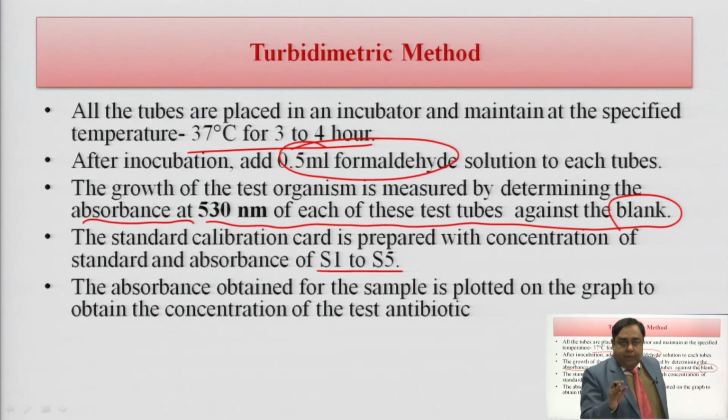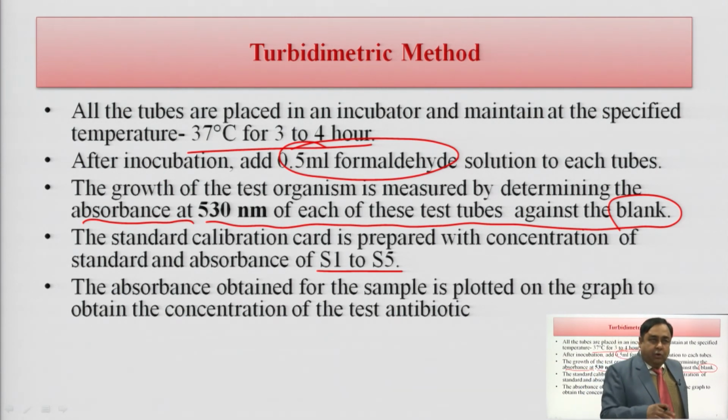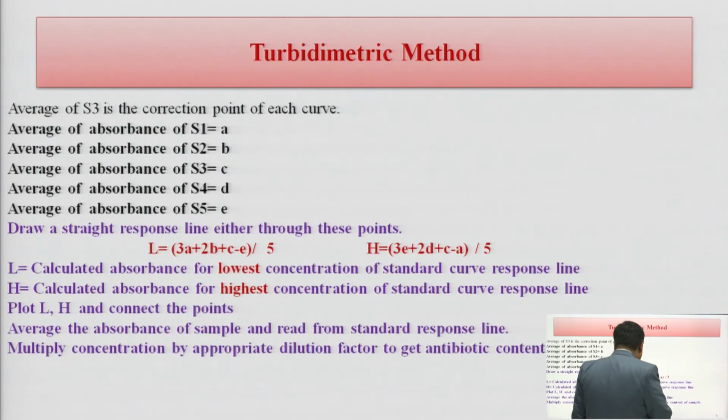The graph is plotted taking concentration versus absorbance, and you have to plot this graph with the standard antibiotic solution. So again it will be a straight line, and then you determine the absorbance of the sample or the unknown, you extrapolate it on the graph, and you will get the concentration of the unknown sample.